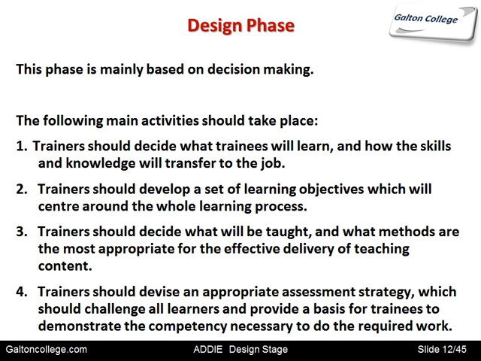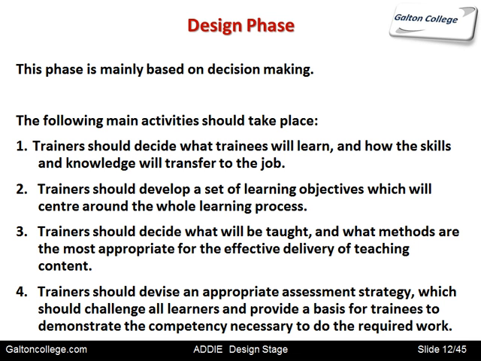And the trainers should assess what they're doing to see if it's effective. And the assessments should challenge the learners and provide a basis for trainees to demonstrate the competencies necessary to do the required work.